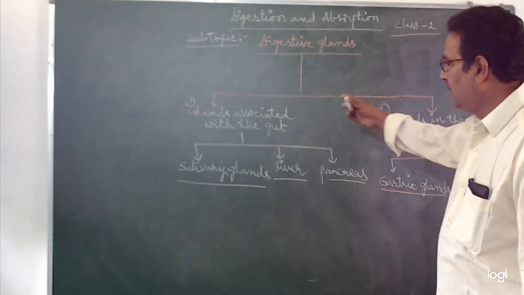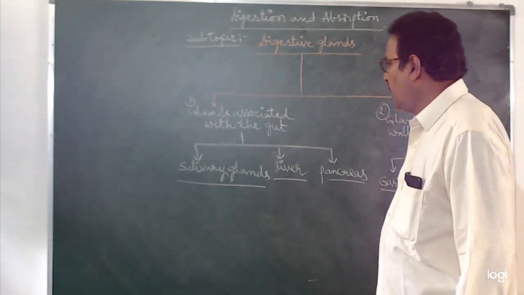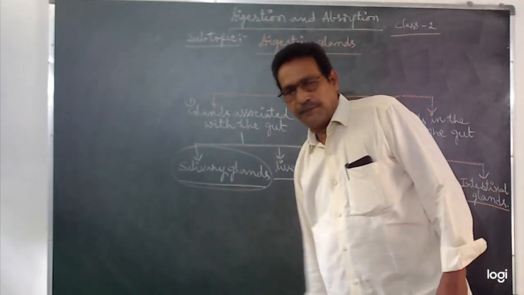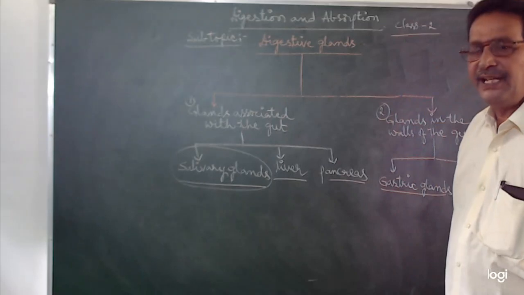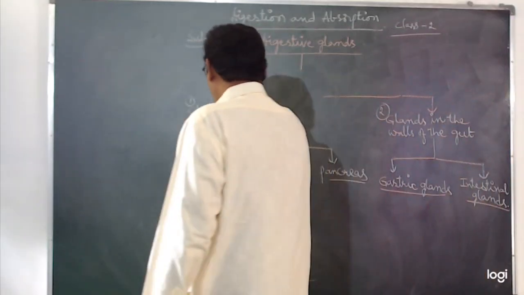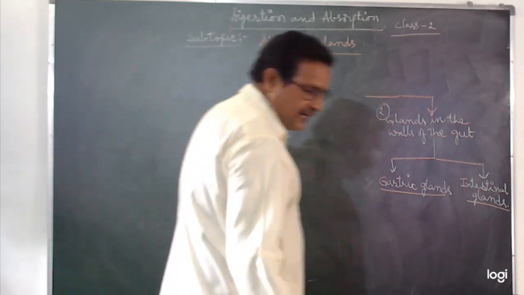First one, glands associated with the gut. Regarding this, first of all, let us take salivary glands.